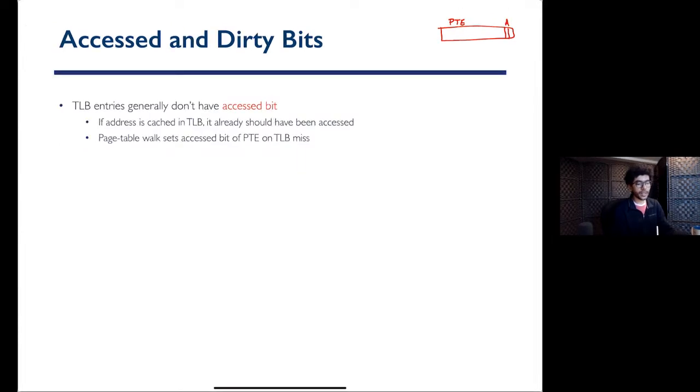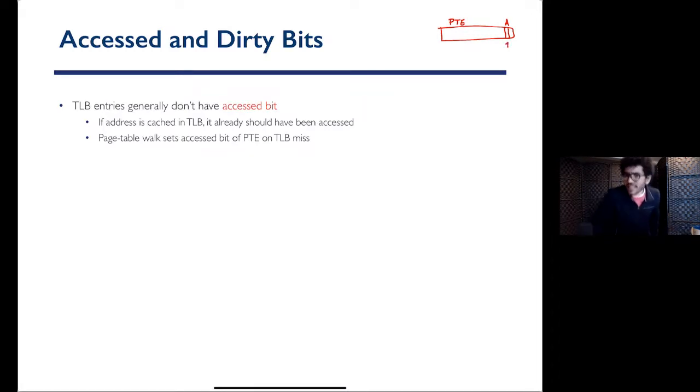This is a bit that is set by the hardware when this page table entry is accessed. Basically, if your process reads or writes to this page and the translation is not yet done, then the hardware is going to do a page table walk, find this page table entry, and then find the physical address. When this happens, the hardware sets this bit to 1.